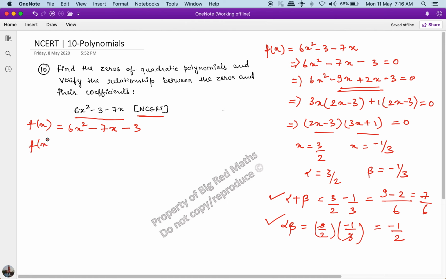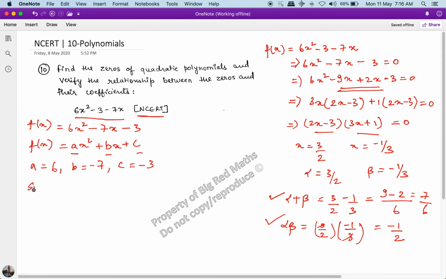Now compare this with the standard form of a quadratic polynomial, which is ax squared plus bx plus c. Compare x squared with x squared, x with x, and constant with constant. You see that the value of a is 6, the value of b is minus 7, and the value of c is minus 3.